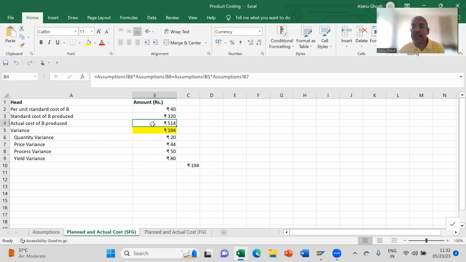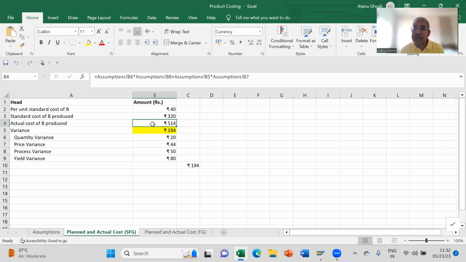Why an inflated value? Because if my plant was operating efficiently as it should, then I actually should have produced 8 units at 320 rupees, not 514 rupees. So by valuing the inventory at actual cost, I'm inflating my current asset.